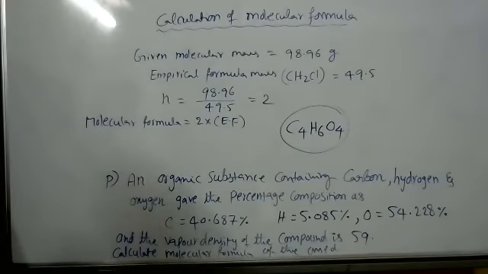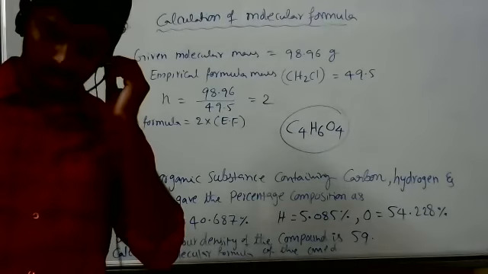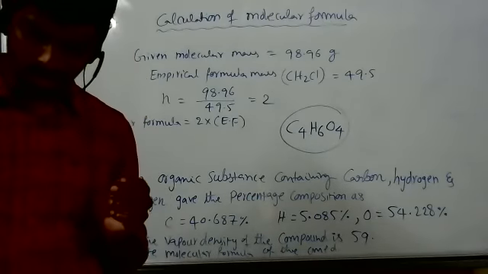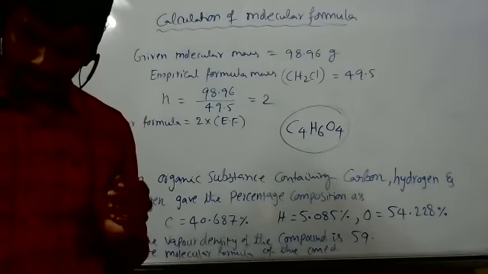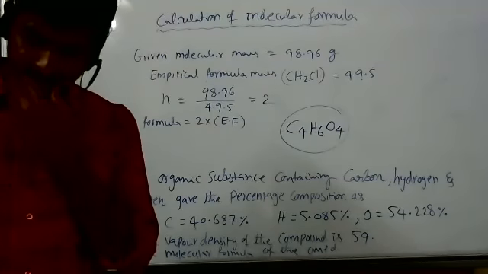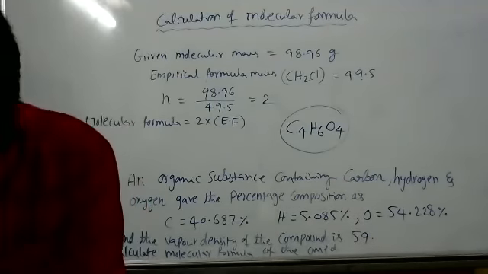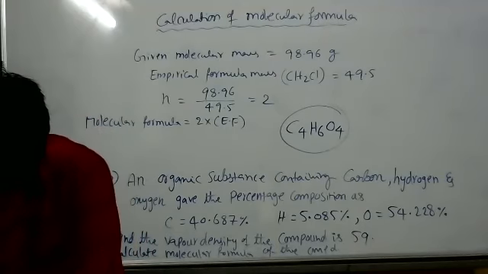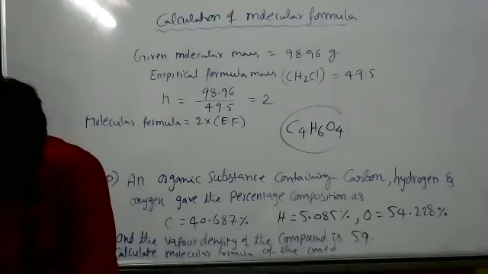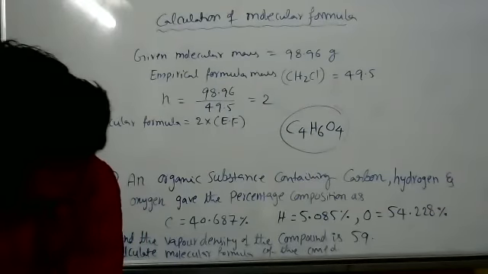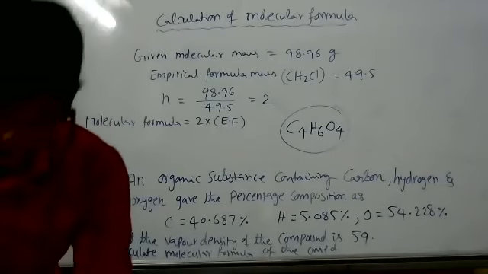Sir, I got the ratio as 1, then 1.5, then 1. Yeah, it's 1.5. So what's the empirical formula? The empirical formula is C2H3O2.